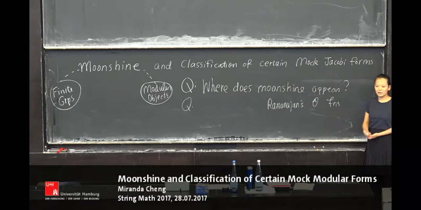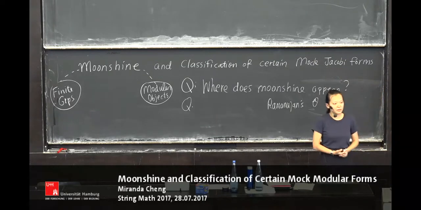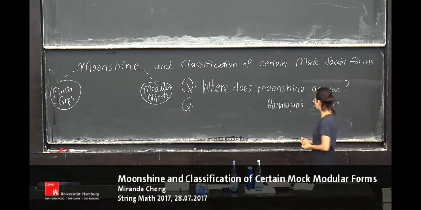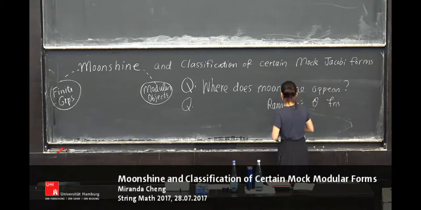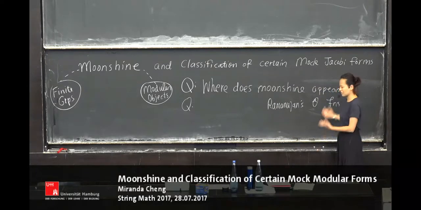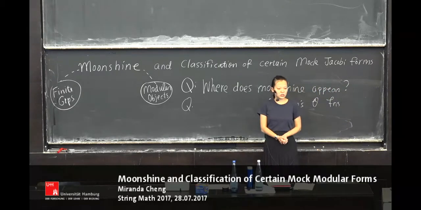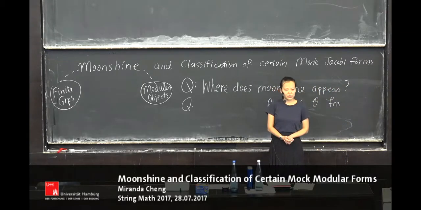Not only have they spurred this whole development of the theory of mock modular forms, but they also have a lot of connections to other fields in mathematics, for instance combinatorics, and many of them are known to be connected to certain quantum invariants of 3-manifolds.